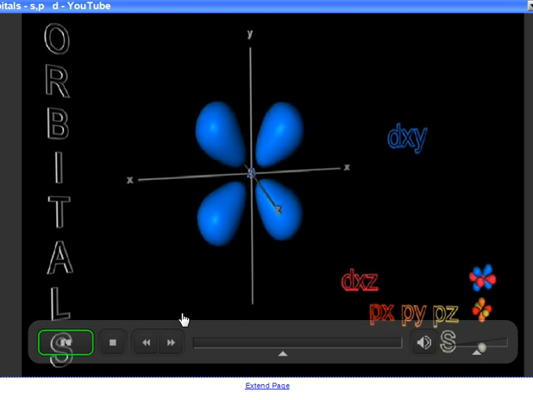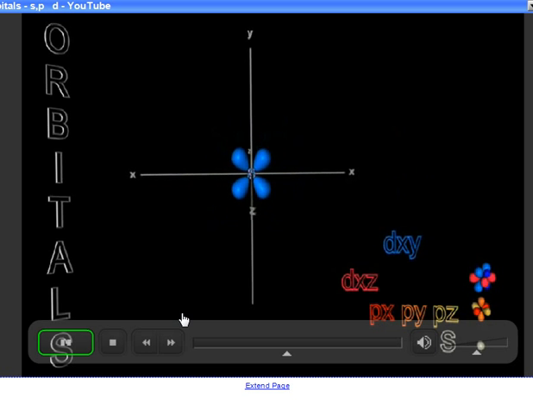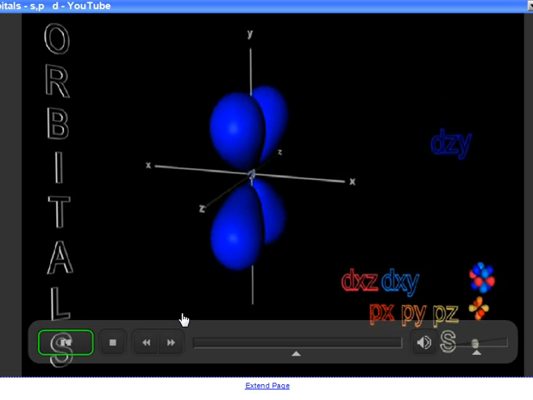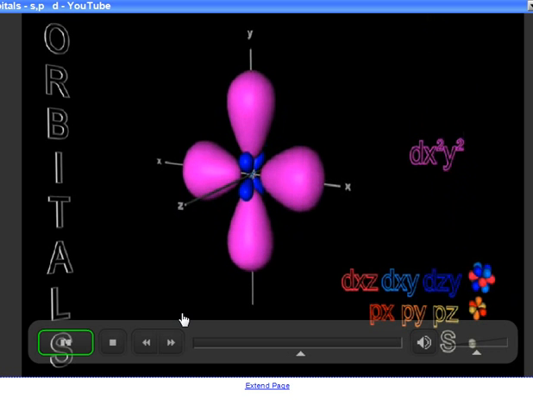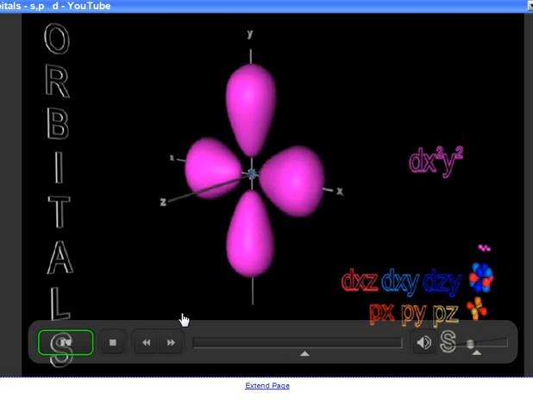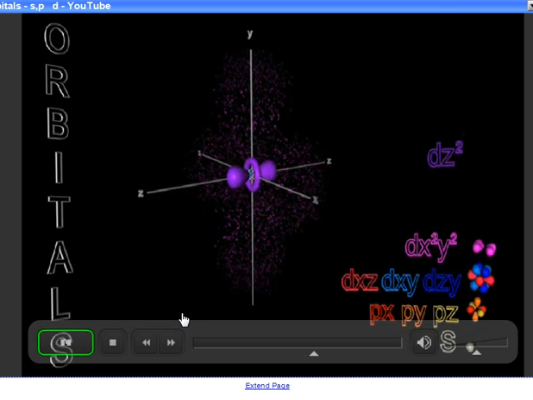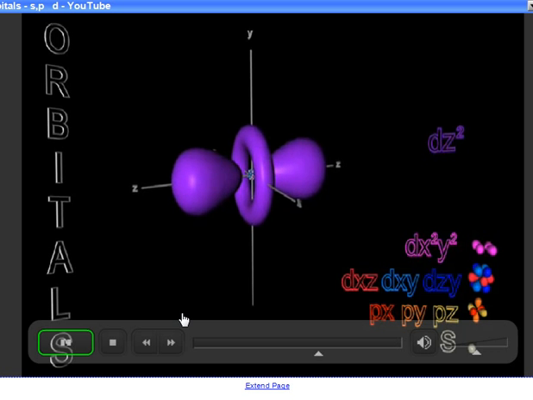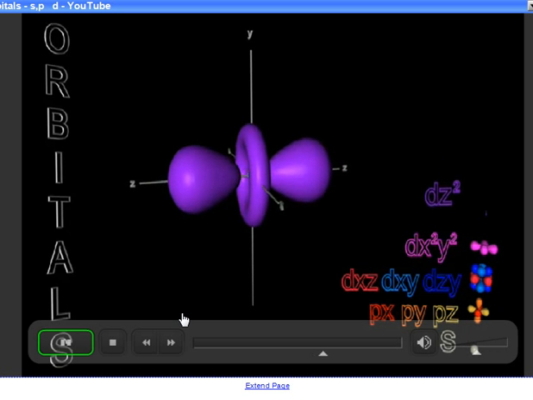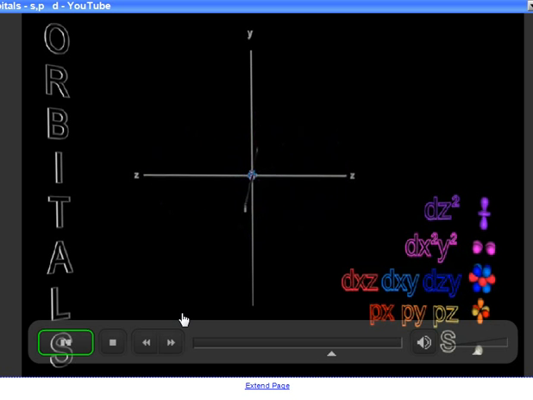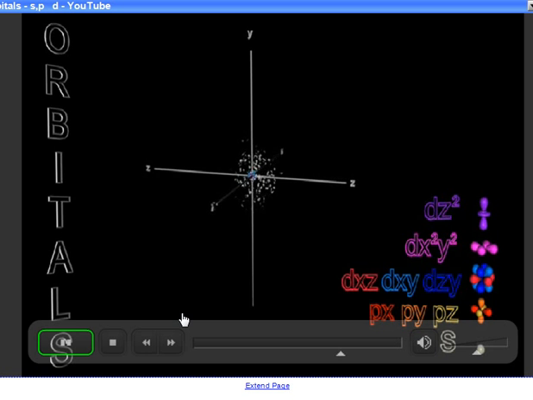So this is the second one. This is the third d orbital. The fourth. And the fifth, which is definitely different from the other 4, but they all have different orientations around the XYZ axis. The F orbitals get very complex and they're not shown in this video.